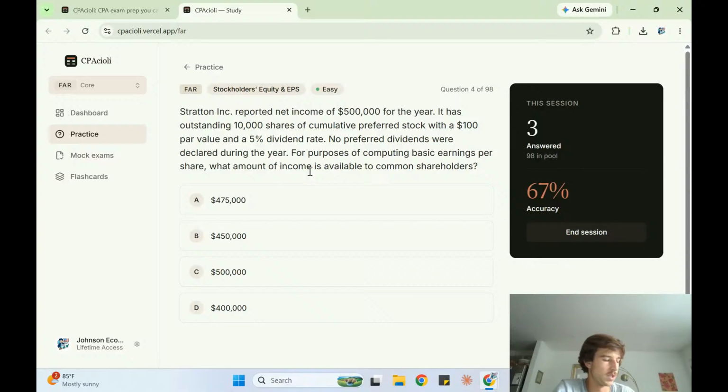Let's see. So 10,000 times 100 times 0.05. So I think it would be 500,000 minus that calculation, which is 50,000. It's 450,000.